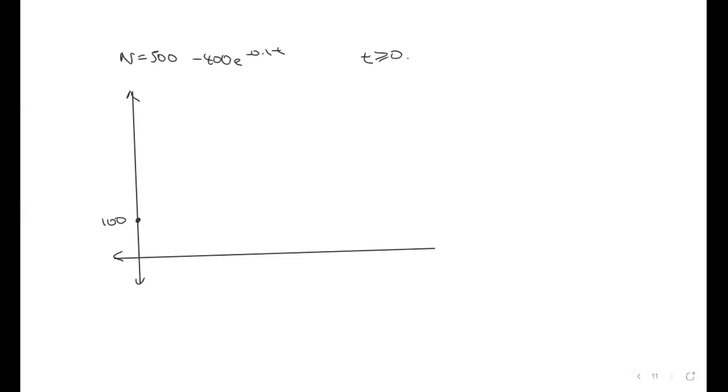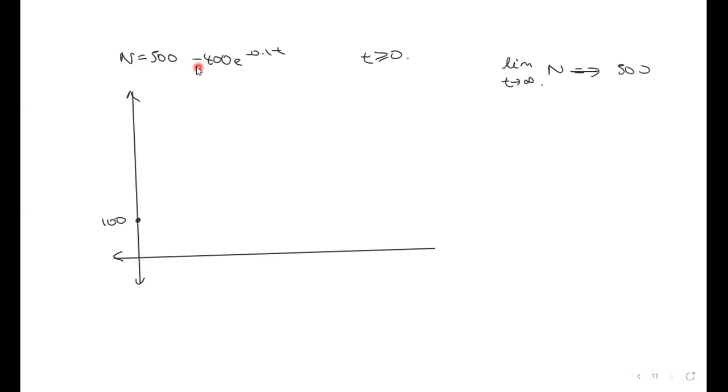Now, as t goes to infinity, this exponential term goes towards 0, so basically the limit as t goes to infinity of n will go towards 500.